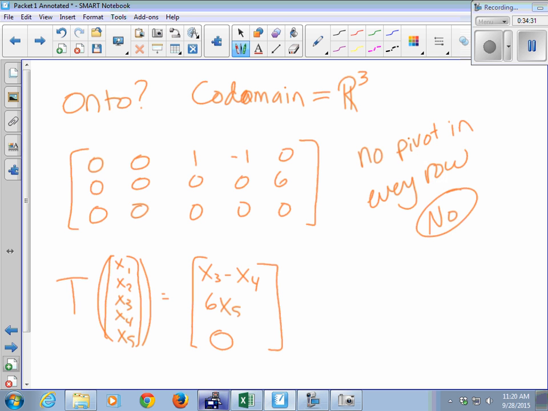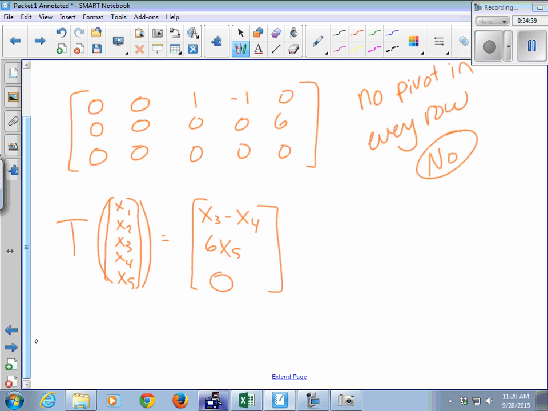So there are lots of vectors that I cannot produce using this formula, like any vector that has a non-zero third entry. For example, the vector 1, 1, 1 is not an element of the range, right? And for a function to be onto, the range and the codomain have to be the same.